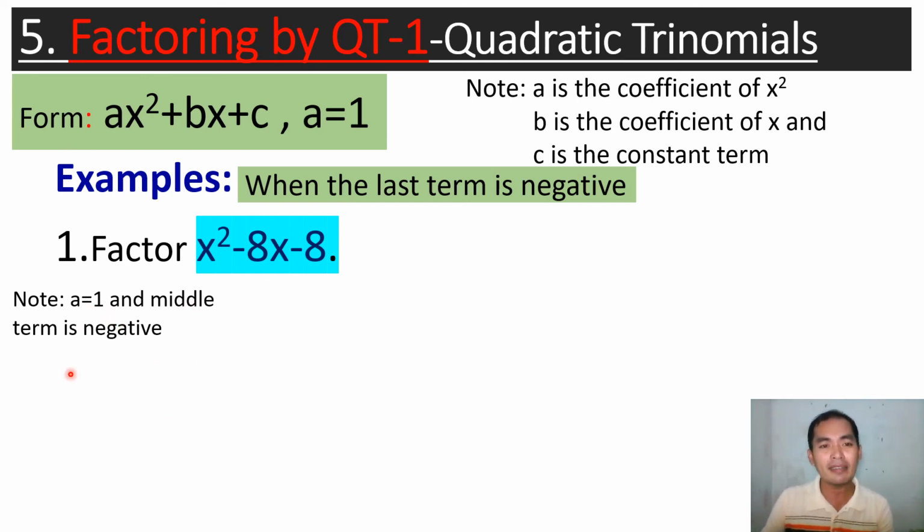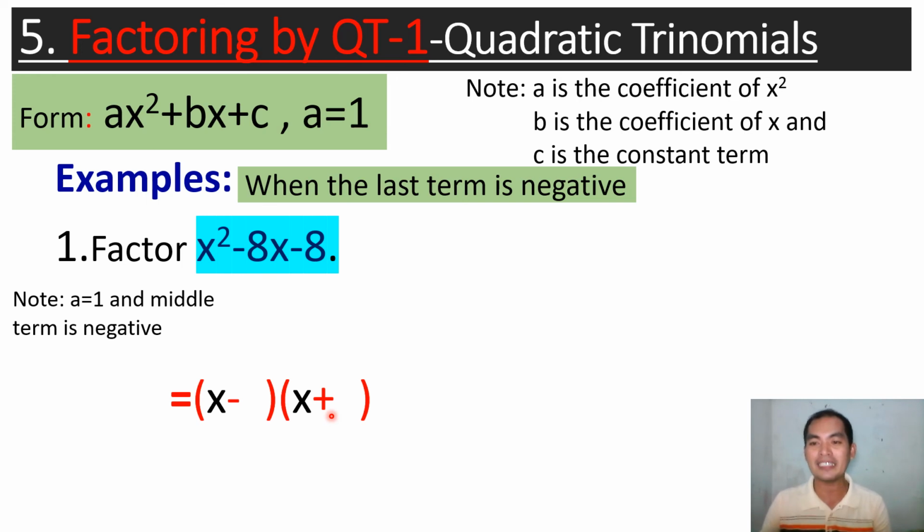Gagawa ka na ng dalawang parenthesis. Get now the square root of the first term. We have x and x. Then, alternate ang sign. Ang isa ay plus, ang isa minus. Tandaan ha? When the last term is negative, ang sign ng factors ay negative yung isa, positive yung isa.